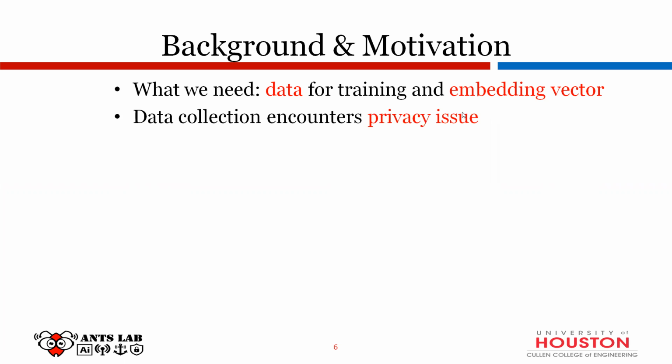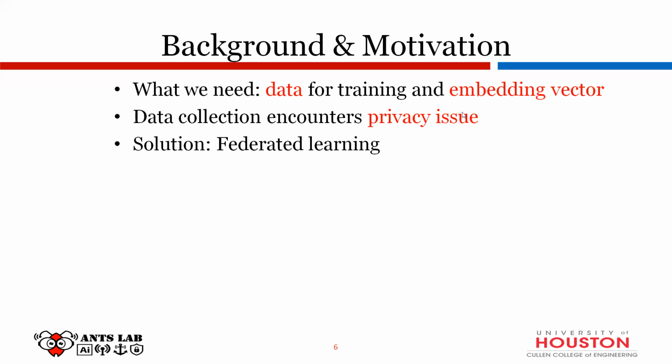First of all, data collection. This encounters the privacy issue, because usually when we train these user verification models, we need a massive amount of data, and if we try to collect data across many users, those users will expose their data information.